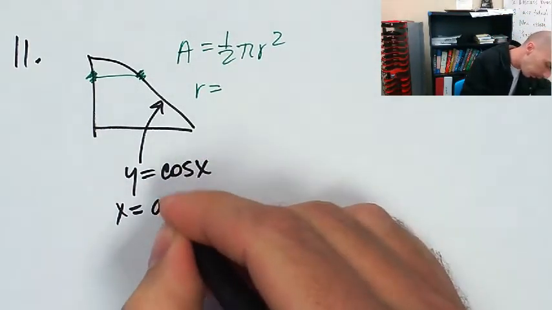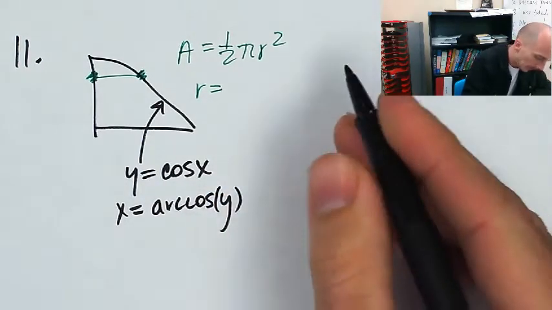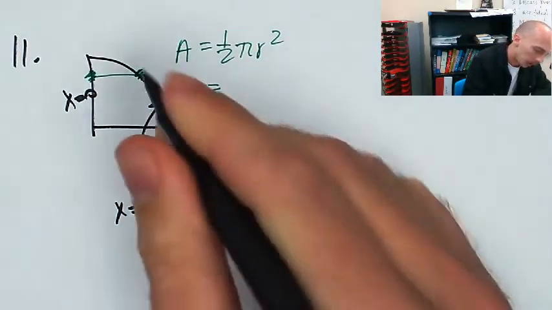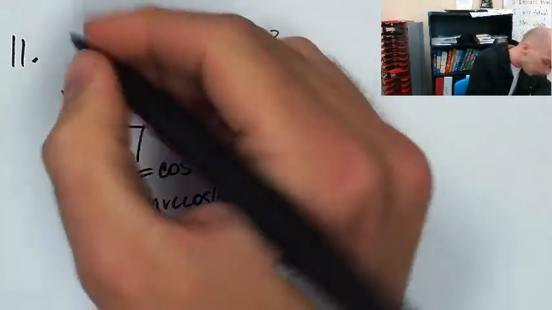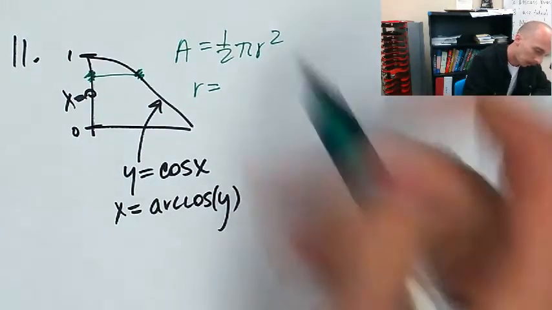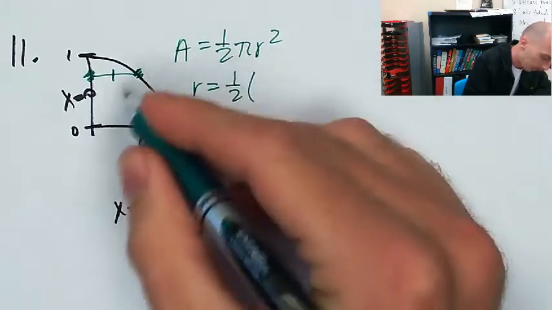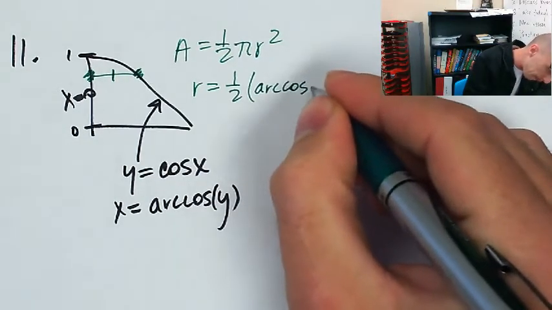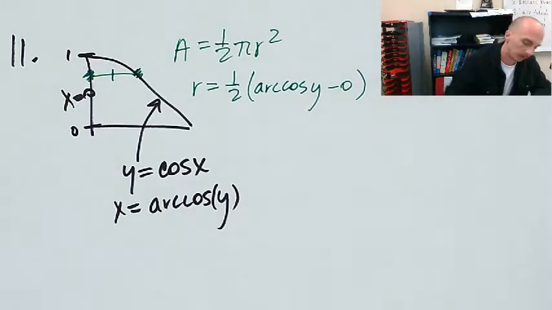So x equals arc cosine y. And then this is the line x equals 0 because it's the x-axis. And then y is running from 0 up to the maximum value of y equals cosine x. Well, that would be 1. So radius is going to be half of this distance, so it's half of right minus left.